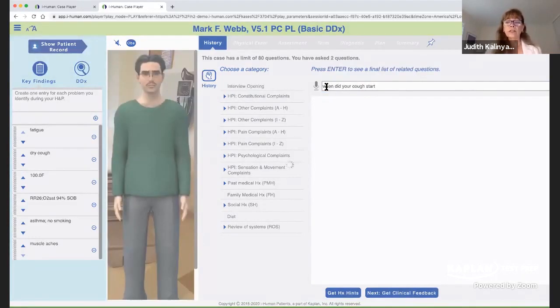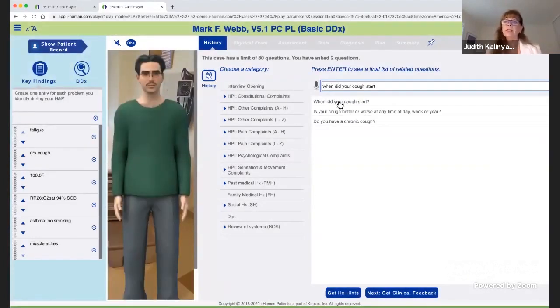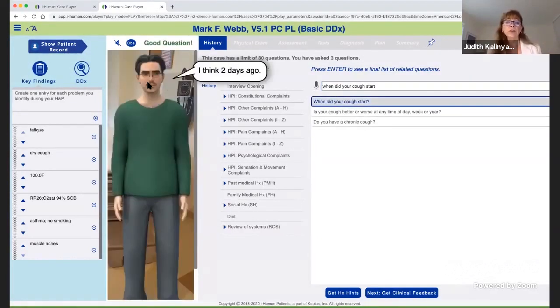So, when did your cough start? You can see my natural language processor, sort of like a Google search, brings up the best option: when did your cough start?